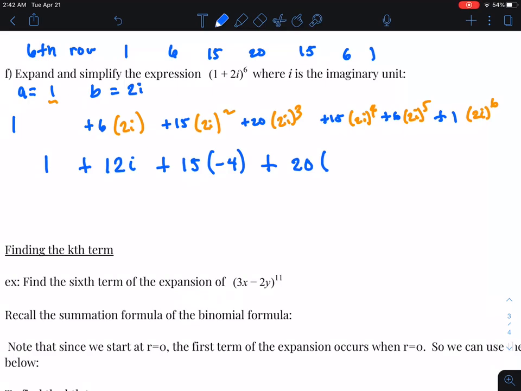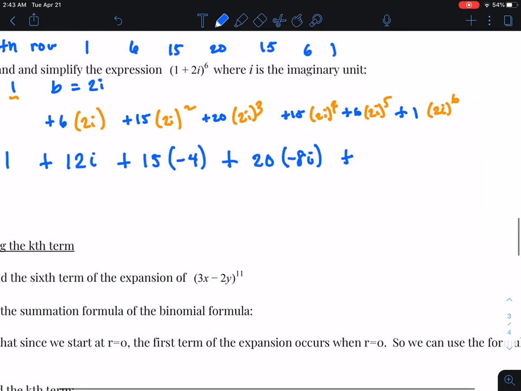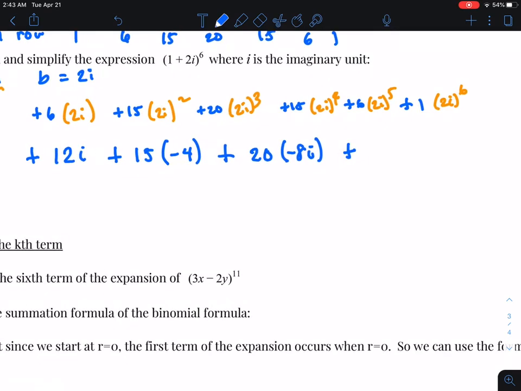Of course, i to the 3rd is negative i, so that's going to be negative 8i plus 15 times negative 16 plus 6 times 2 to the 5th is 32, I believe.